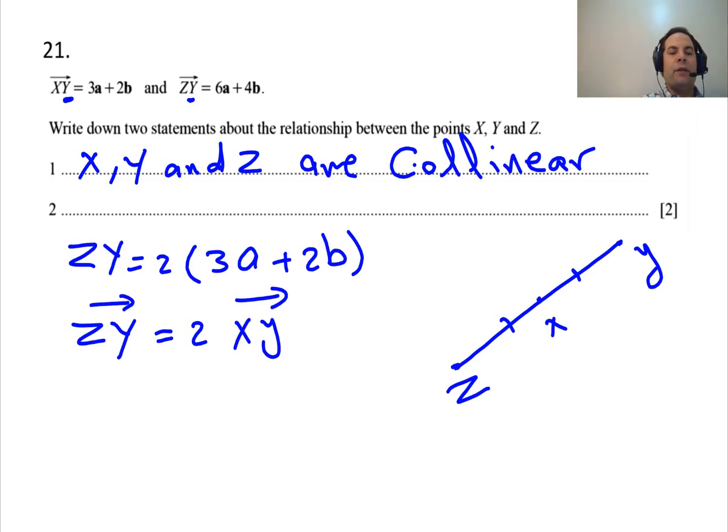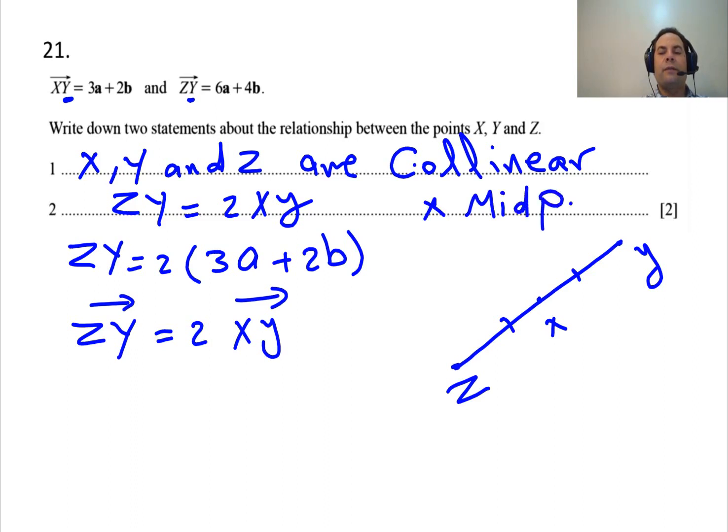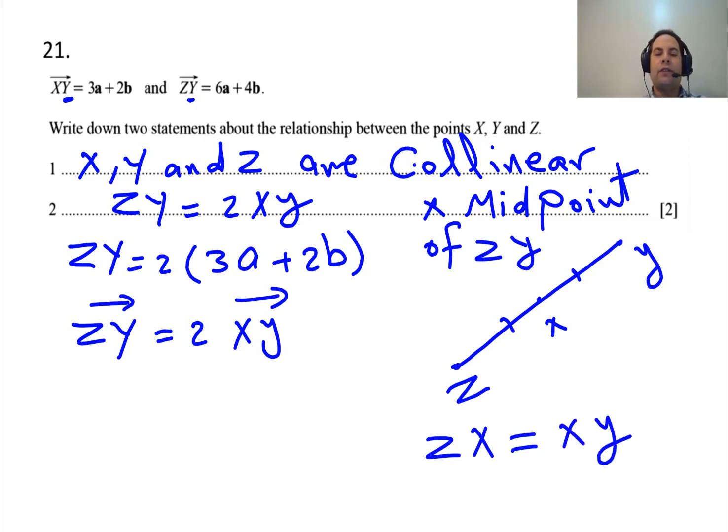It's clear ZY is double XY. The length of ZY is double the length of XY. We can say X is the midpoint of Z and Y, both accepted. We can say ZX is equal to XY. It's also correct.